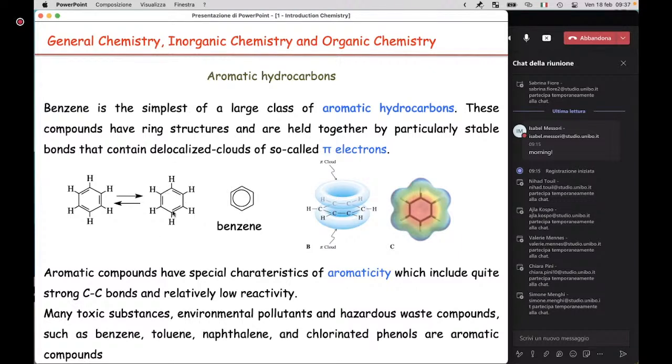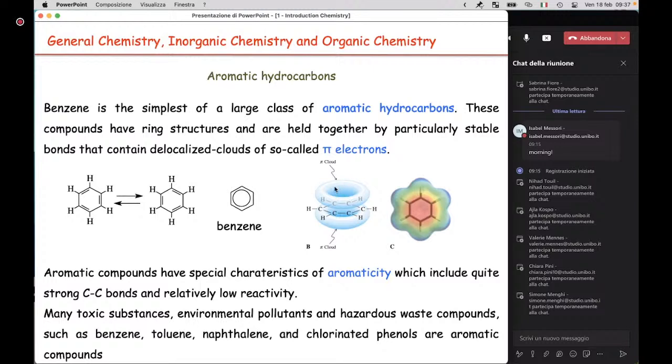Here we have 6 carbon atoms, and if we look at the molecule in reality, we see that the molecule is planar. All the carbon atoms are on the same plane, and we have 2 electron clouds, two circular electron clouds above and below the molecule plane.